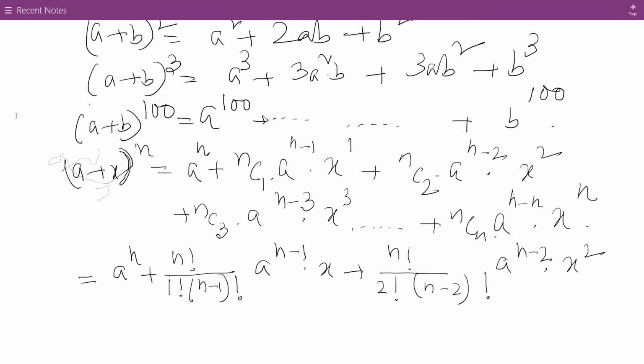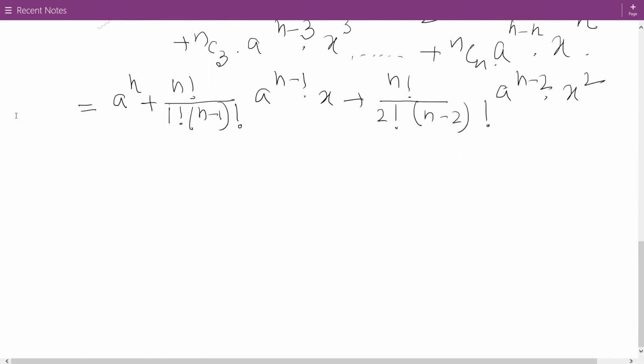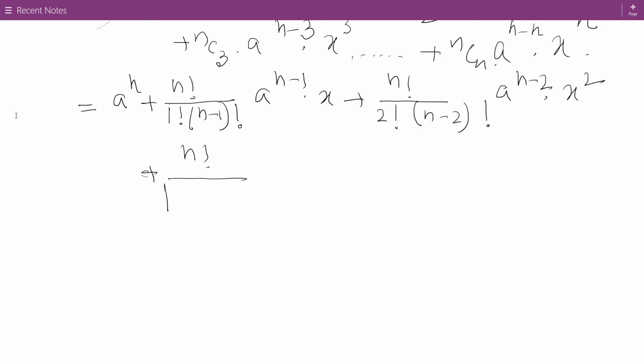Then for the third term you write plus factorial n by factorial 3, factorial n minus 3 factorial, a to the power n minus 3, x to the power 3.